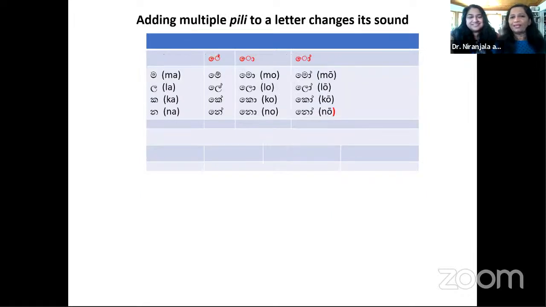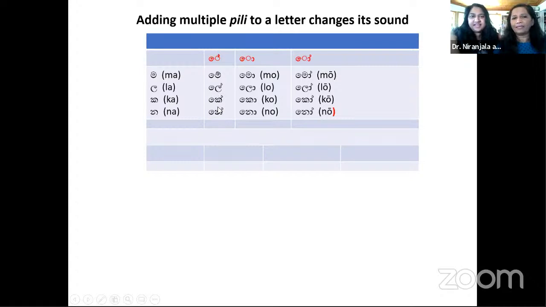No? Okay. So then there are multiple pili added to a letter, which of course changes its sound again, but you can use one, two, or three. The swirly plus the flag is an extended version of the A sound. May instead of may.